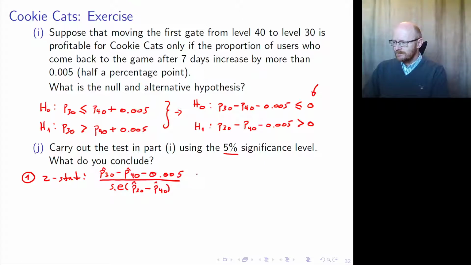And you see that I don't include the cutoff in the standard error. It's because if you subtract something or add something to a random variable, then the variance and hence the standard error is not affected.